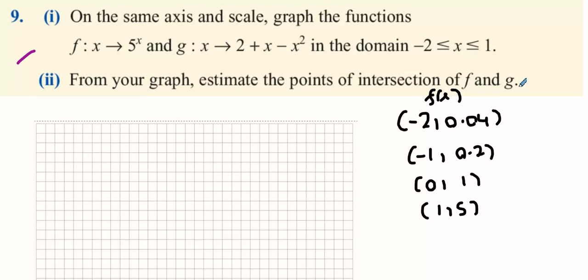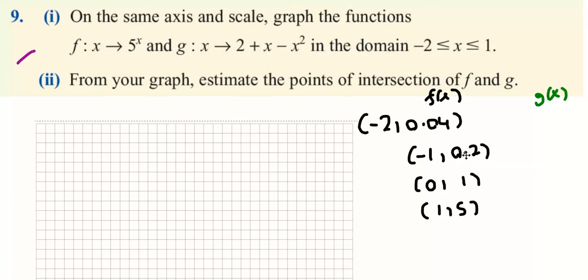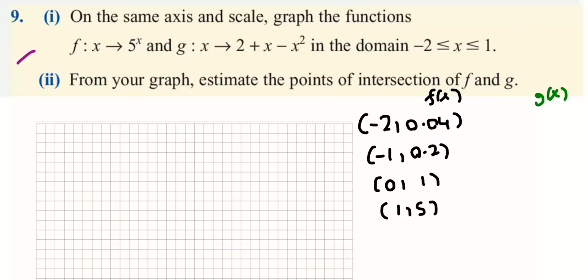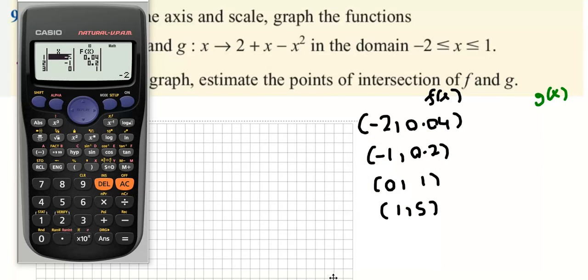Now, as for the g of x values, okay, we'll enter this into the calculator as well. So g of x is 2 plus x minus x squared.